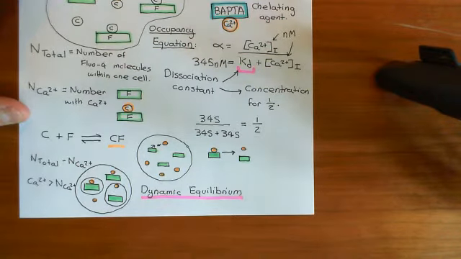Huge numbers. Even though it's only 100 nanomolar, that's still huge, because you have to remember that a mole is 6.022 times 10 to the 23 calcium ions. So there's a huge number of calcium ions.